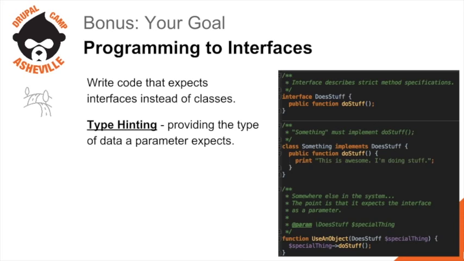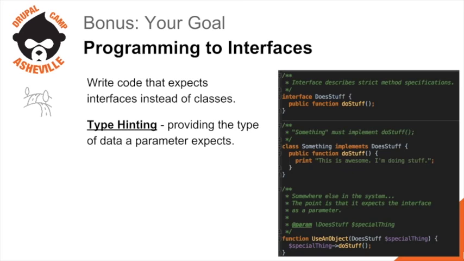Now you have that choice, and this is where you as a programmer are making the choice. What I want to tell you to do is make the choice to expect interfaces. Because when we expect interfaces, then things can be swapped out without us caring.